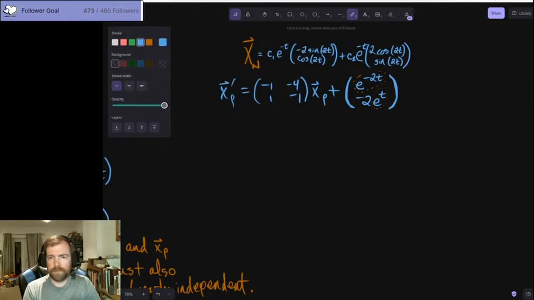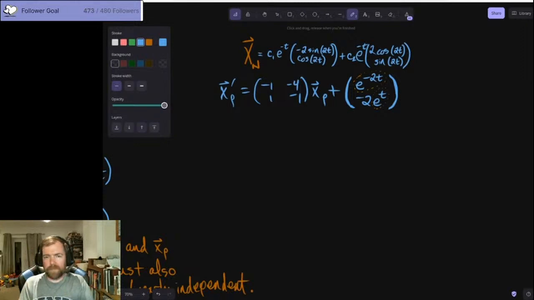And if we wanted to get really technical about it, the e to the -t is also coupled with the sine and cosine portions. Correct. And again, I'm not worried about it. There's not really anything to be concerned about.